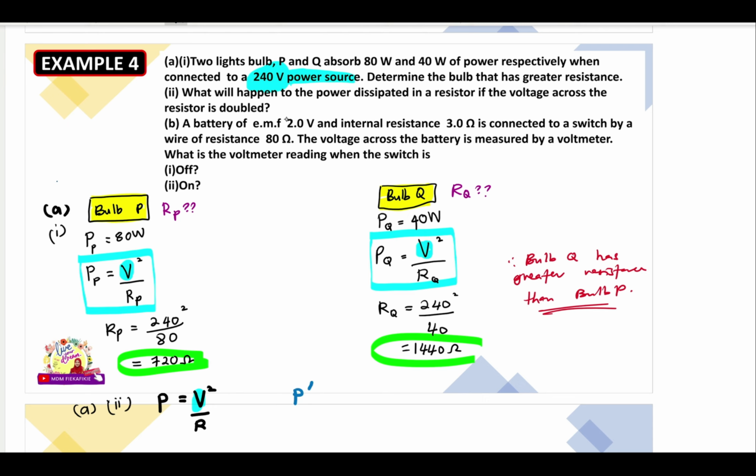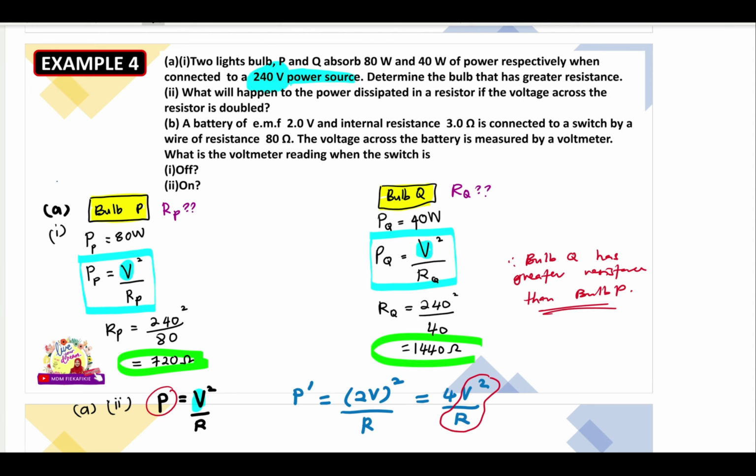And for this one, RQ is equal to V squared. Masukkan sajalah nilai dia, 240 squared over PQ. Okay, 40. So kita akan dapat 1440 ohm. Okay. So now we can start to compare. Okay. Dapatlah jawapan. Awak tulislah jawapan dia.